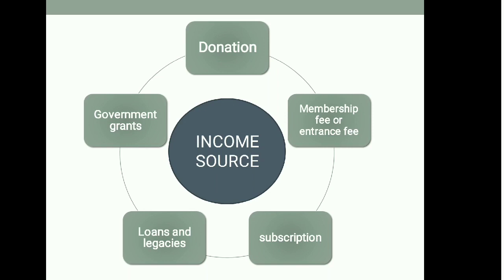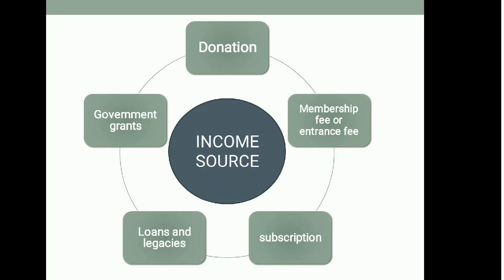Next is loans. Whenever we apply to the bank for a loan and we get that loan, it will be treated as income. Next is legacies. Legacies means a donation received from a deceased person, that is, a person who has died. After death, richer persons often donate their wealth to an NGO, and that is treated as a legacy.